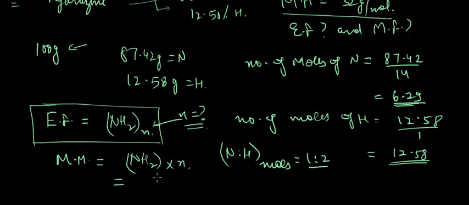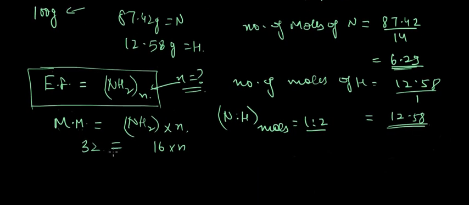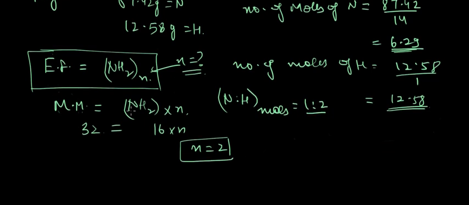So NH2's mass is 16 times n, and we have been given the molar mass as 32. So n would be 2 here. Okay, hence this is the empirical formula, which is NH2.